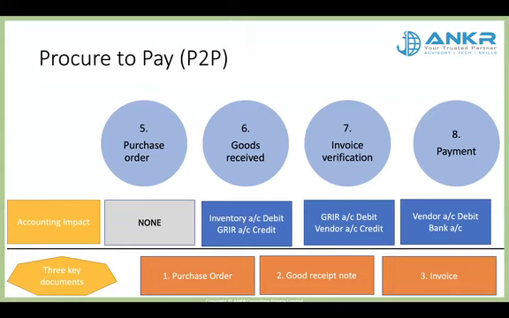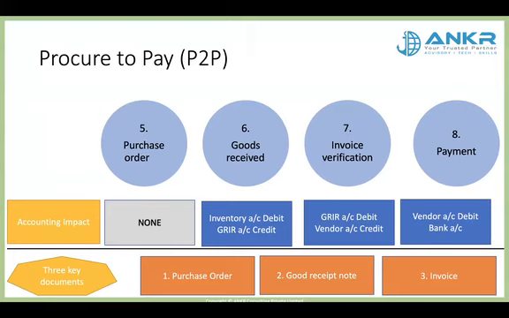When you purchase raw material ABC, the inventory account will get debited and the GRIR account will get credited. So your inventory ledger will show a debit balance of 1 lakh rupees, and the GRIR account will show a credit balance of 1 lakh rupees, right?